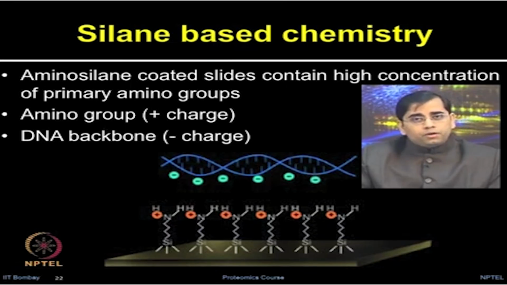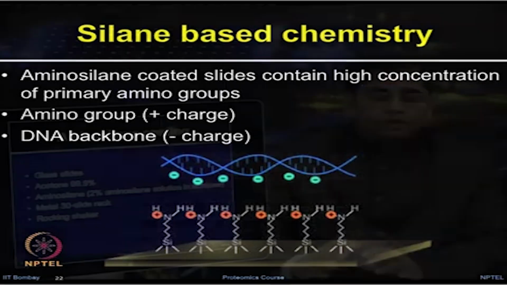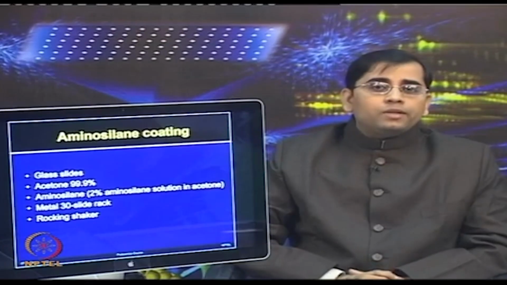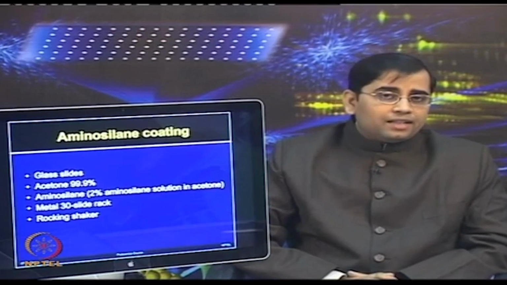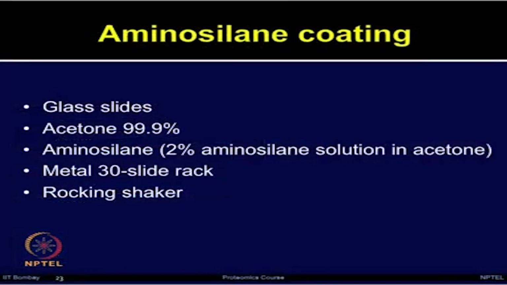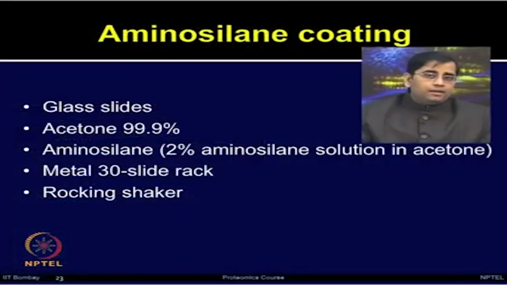Now, DNA backbone provides the negative charge. So, DNA backbone will form multiple ionic interactions, as you can see in the slide, with the positively charged amino surface coating.